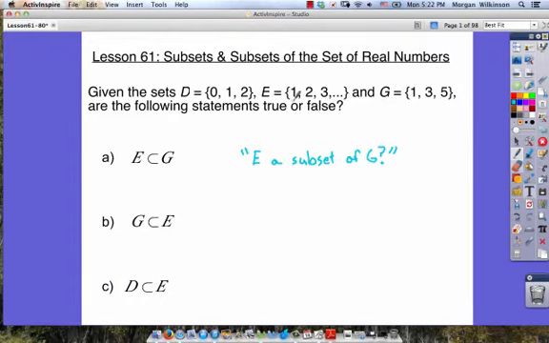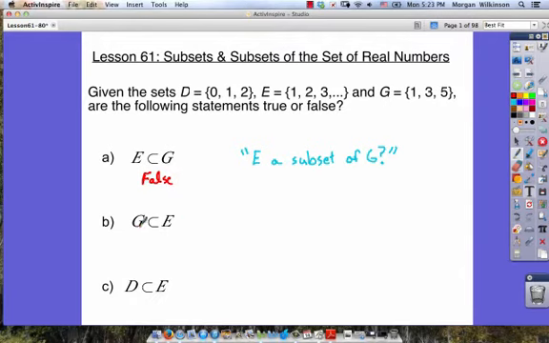Well, E is 1, 2, 3, 4, 5, 6, and so on, and G is 1, 3, and 5. It's asking, is every member in E within G? G is only 1, 3, and 5, so E has things that are not within G. The answer for our first question would be false, because E is not a subset of G.